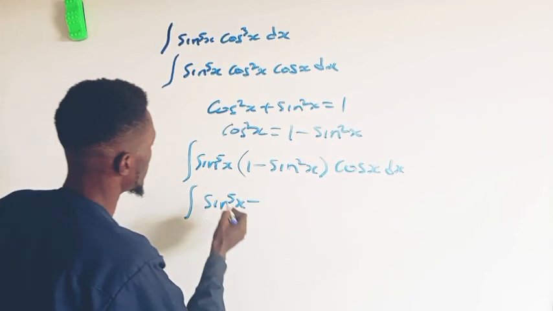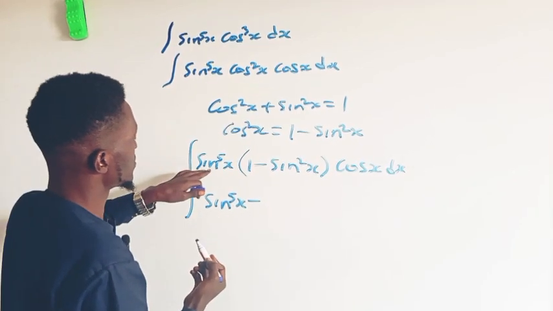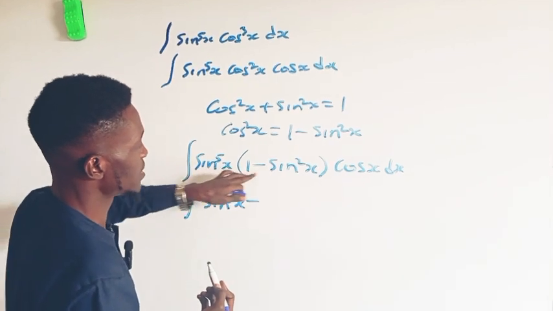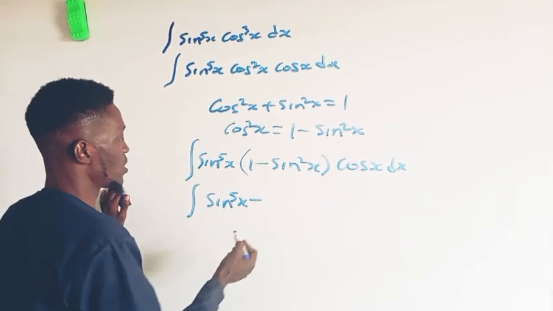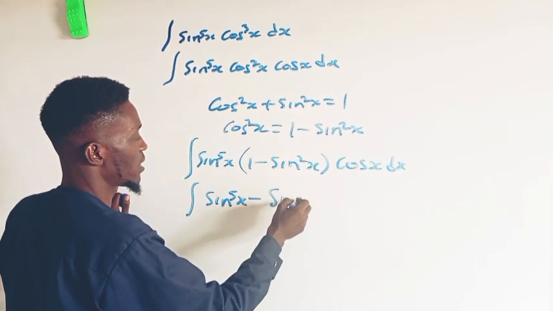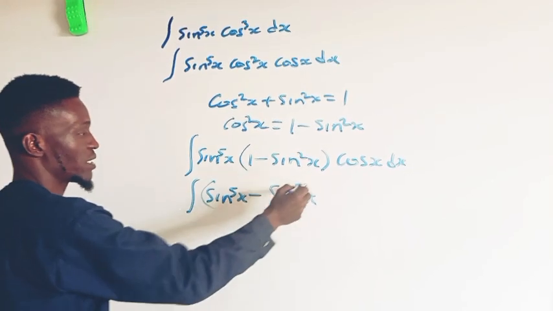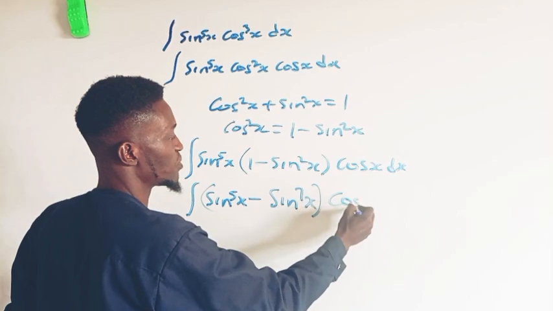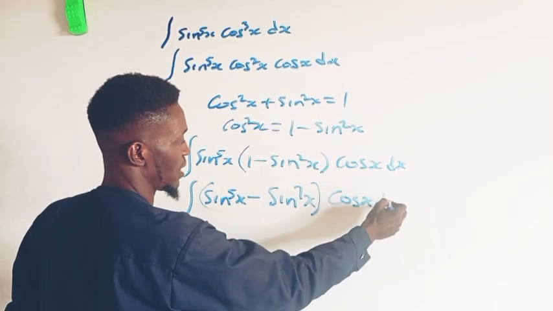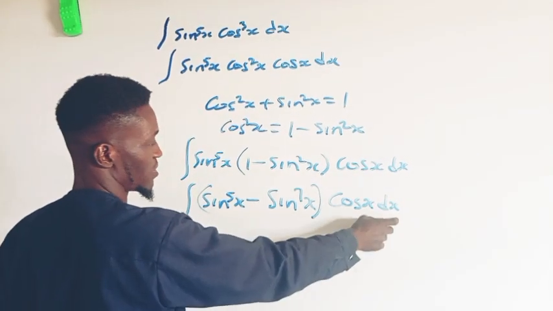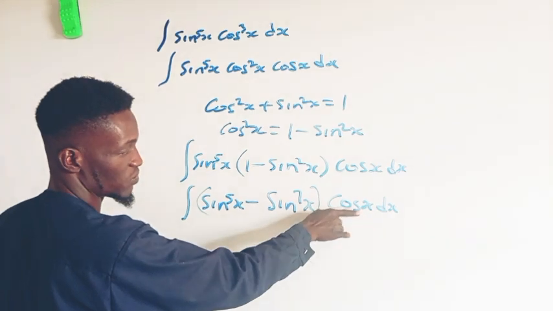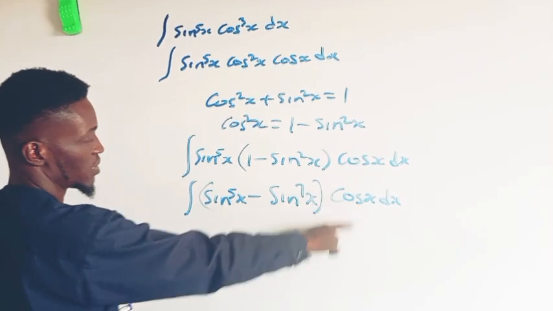This is minus sine raised to power 5 x times sine square x, which is going to give sine 7x. Okay, let me bracket it because everything must be multiplied by cos x dx.